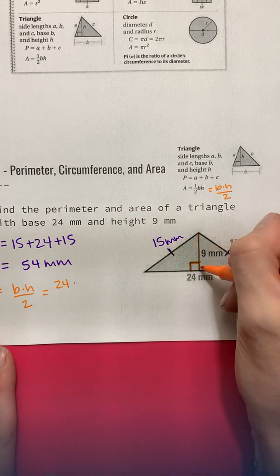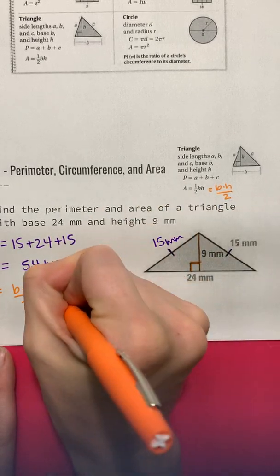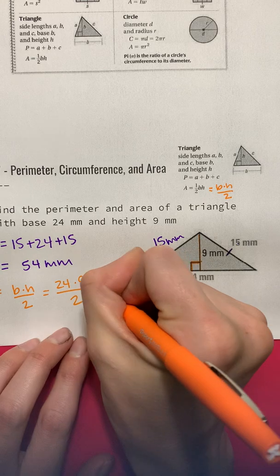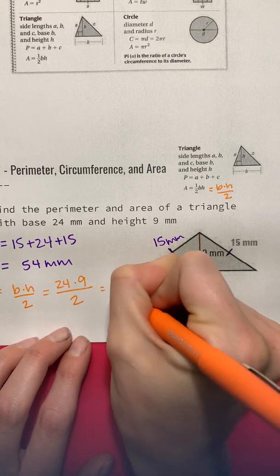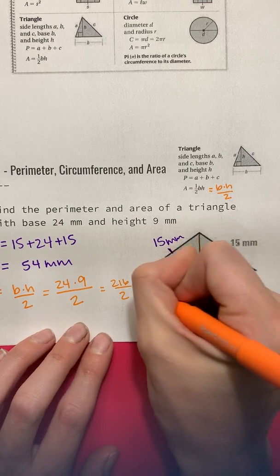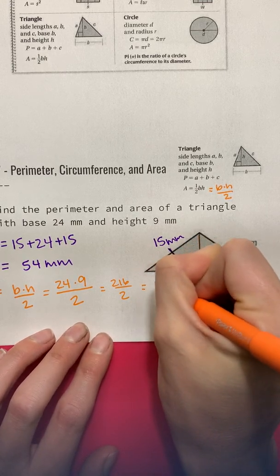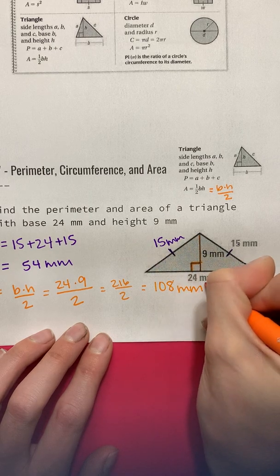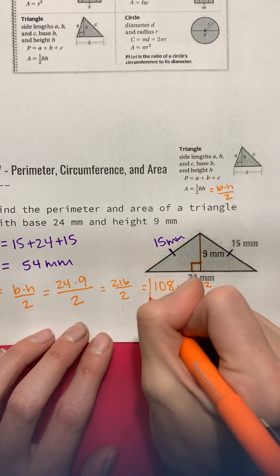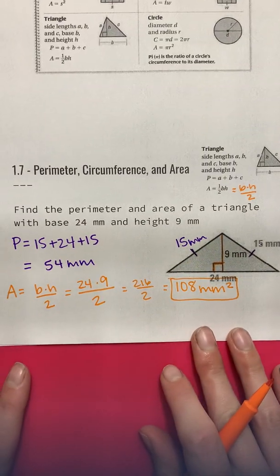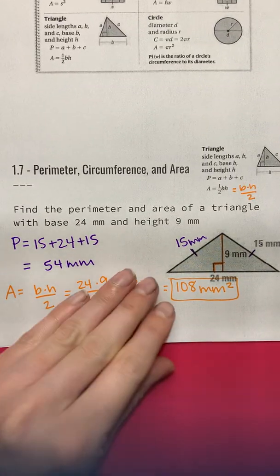My height is going to be 9. Okay, so 24 times 9 gives me 216. 216 divided by 2 is going to give me 108. Units is going to be millimeters squared. Okay, so there's our perimeter and our area.